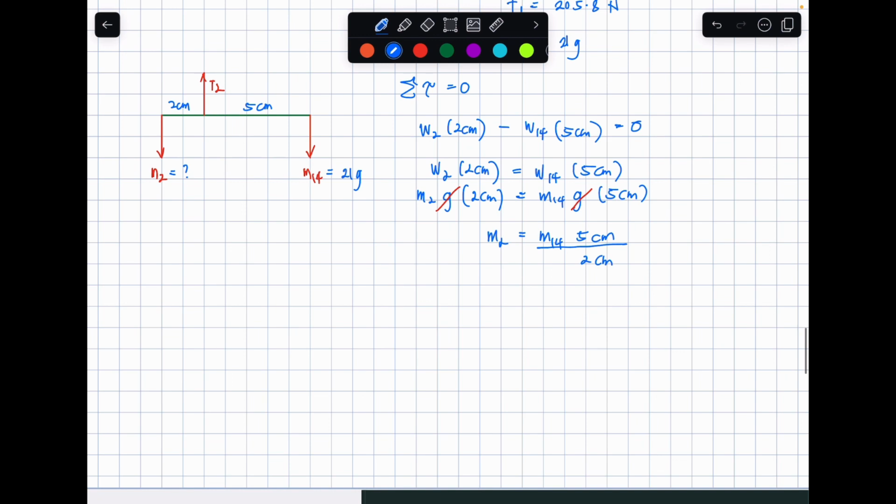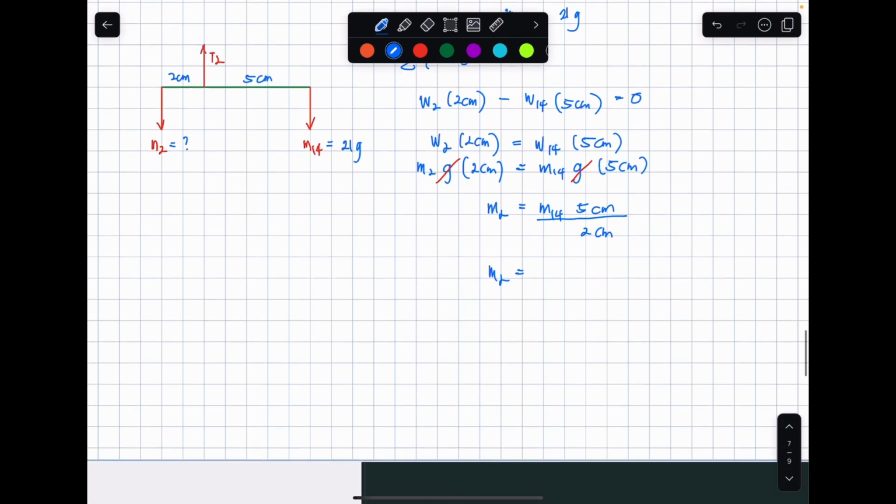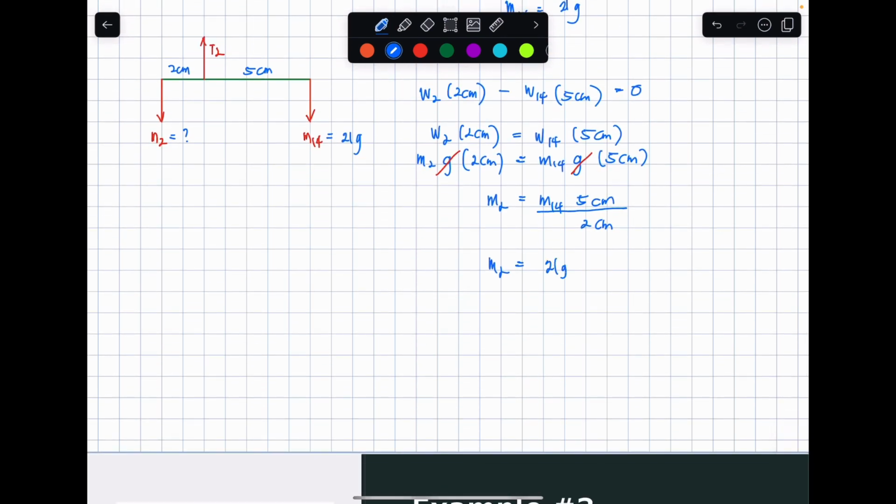That makes it mass 2, where M14 is 21 grams, multiplied with 2.5. So 21 times 2.5 makes it 52.5 grams.